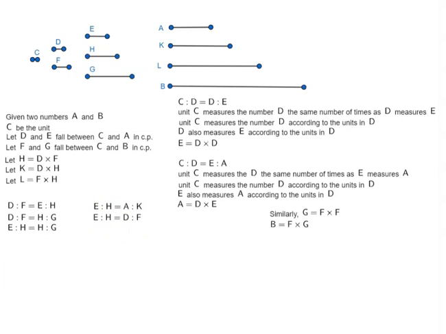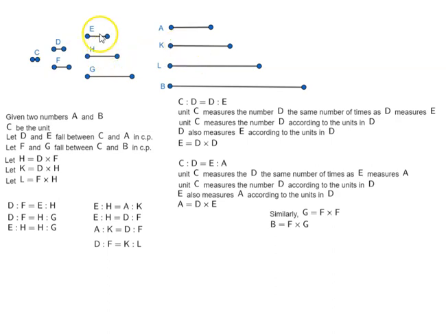Okay. So we have this. Since E is to H is there on the left hand side in both, we can write it as A is to K is equal to D is to F. Now let's take K and L. So D is to F is equal to K is to L. How? Again, you have to follow the chain.